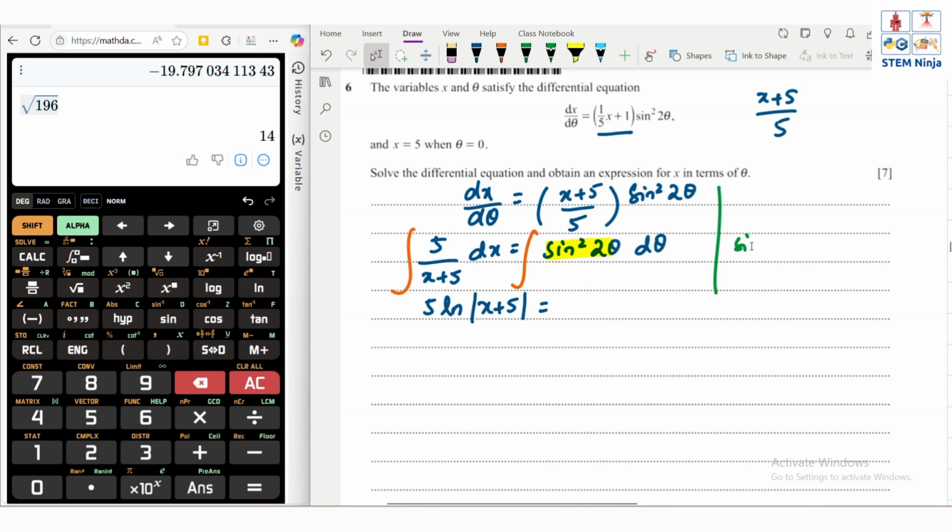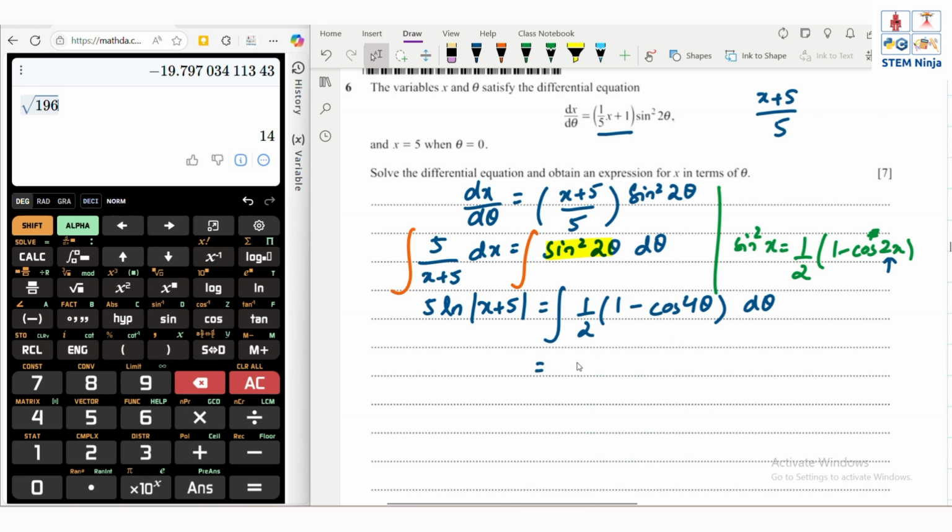So sine squared x would be 1 over 2, 1 minus cos 2x. So in this case, we have 2 theta, so the angle inside will become 4. So 1 over 2, 1 minus cos 4 theta d theta.